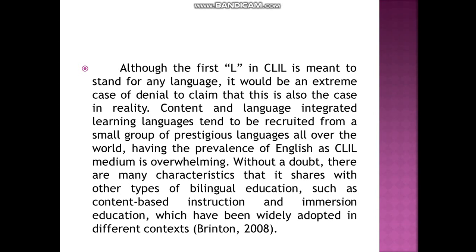Languages tend to be recreated from small groups of prestigious languages all over the world, and the prevalence of English as the CLIL medium is overwhelming. Without a doubt, there are many characteristics that it shares with other types of bilingual education, such as content-based instruction and immersion education, which have been widely adopted in different contexts.